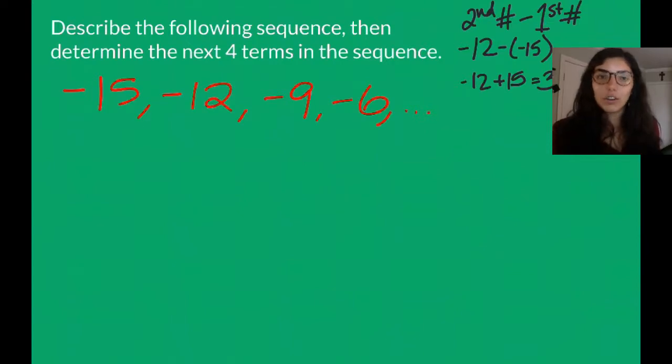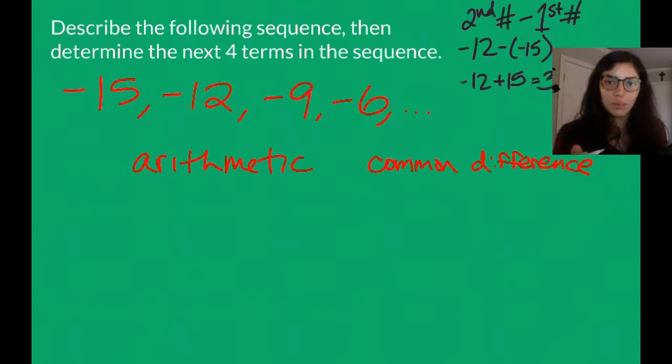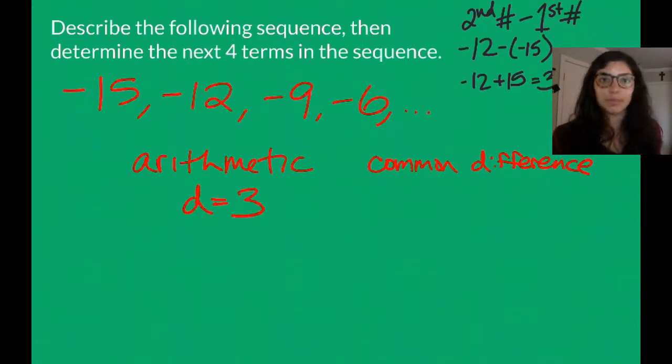Since the positive 3, like adding 3 each time, worked, we are going to be able to call this one arithmetic, because we are able to add numbers each time and it worked. Arithmetic sequences have a common difference, and in this case, that common difference that I'm using each time to create the numbers is 3.